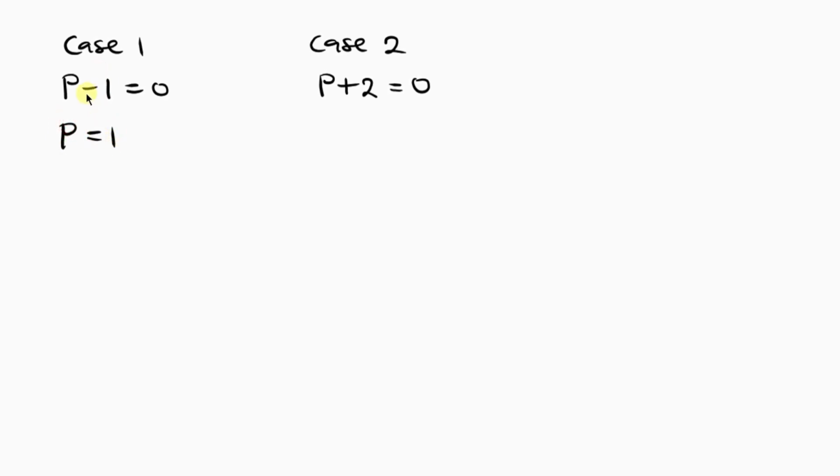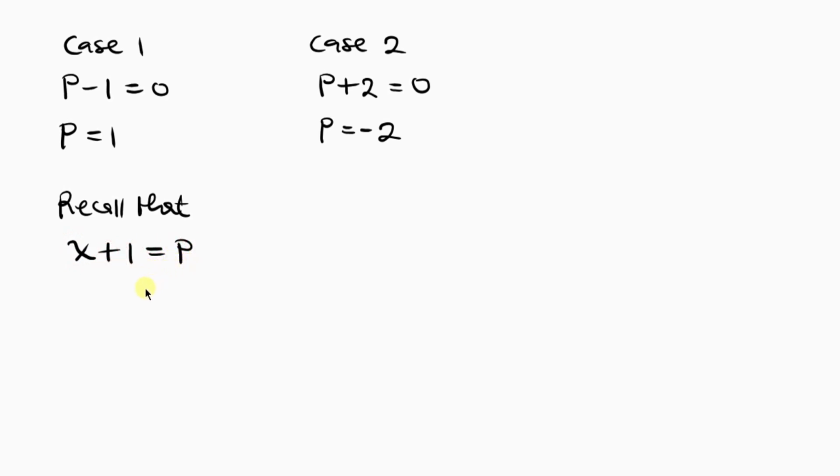And this happens when moving negative 1 to the right-hand side. And for the second case, moving plus 2 to the right, I'm going to be having p equal to negative 2. Now remember that we said x plus 1 is equal to p. That's what we substituted, right? Cool.